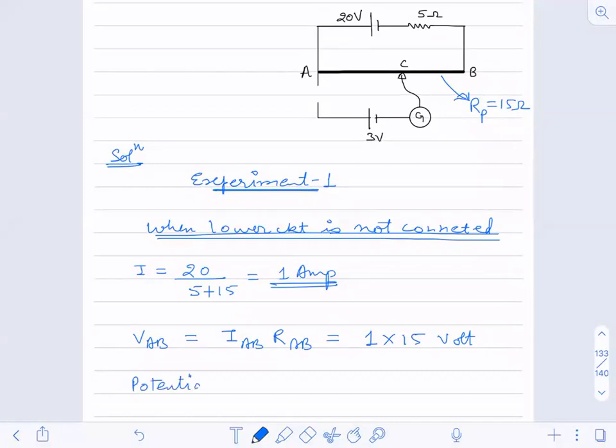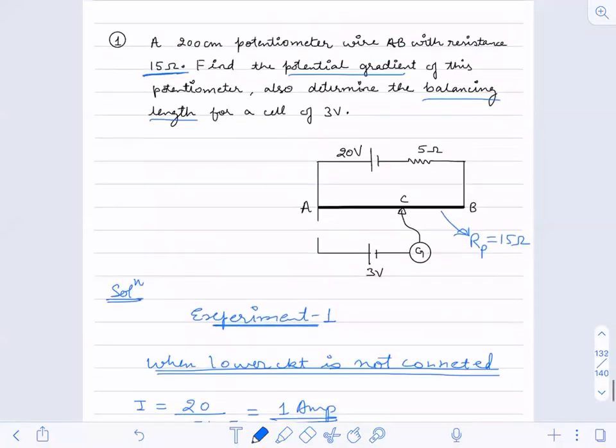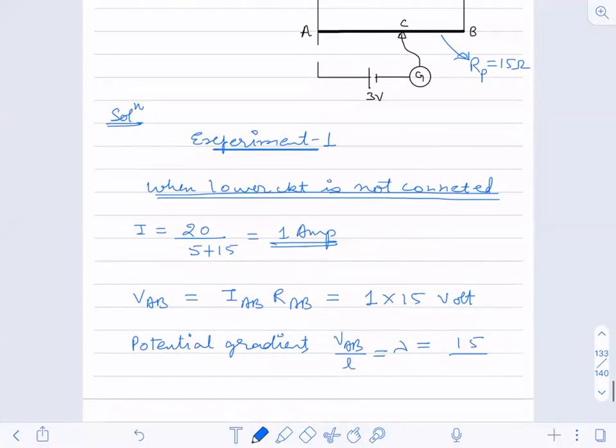So lambda is VAB divided by length: 15 divided by the 200 centimeter length, better written as 2 meters.